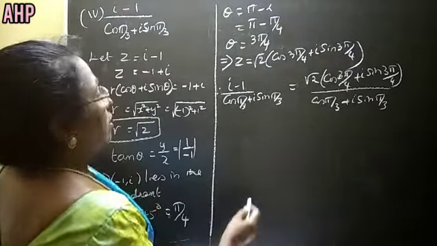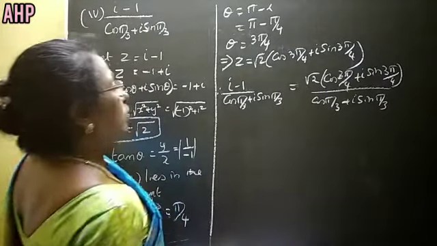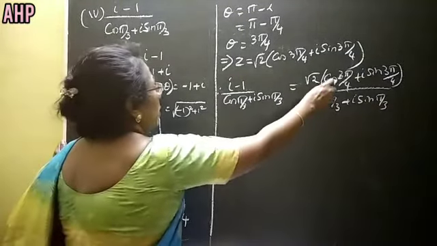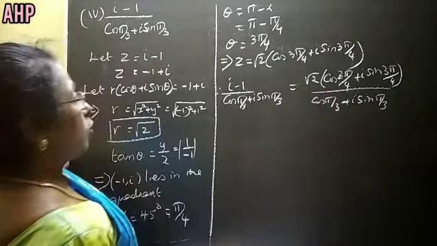Now this root 2 is the R value, and this is the argument value.